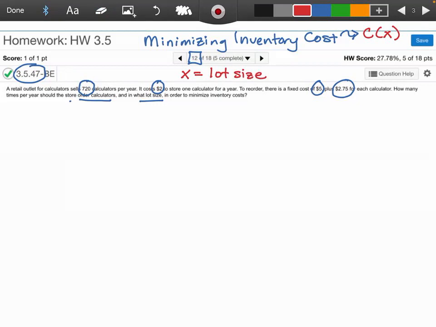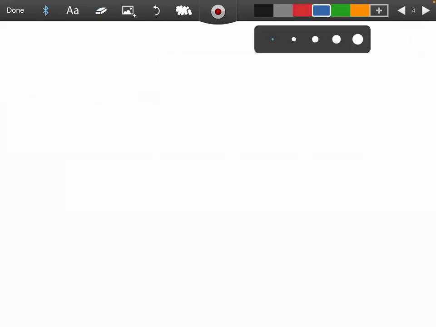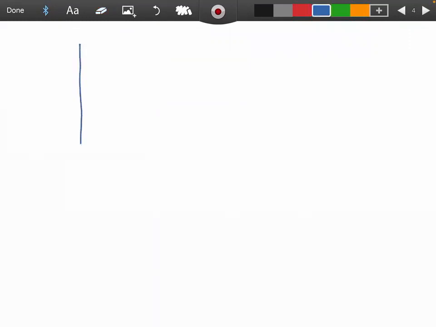This is just to give you an idea of what's going on here. There is an assumption that this company's a store, and it sells 720 calculators a year. Now, most likely with calculator purchases, there's a big surge in people purchasing calculators at the beginning of every semester, or maybe in August or September.